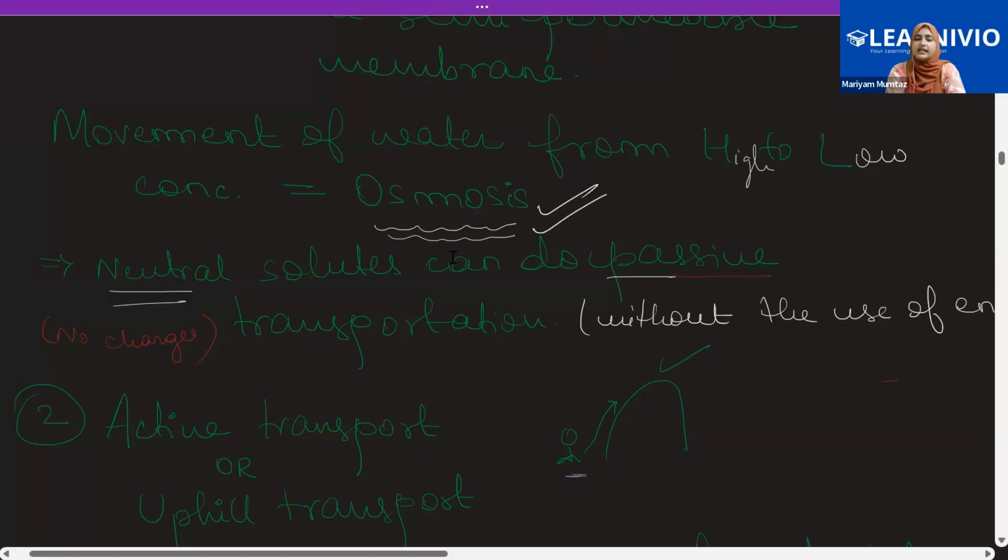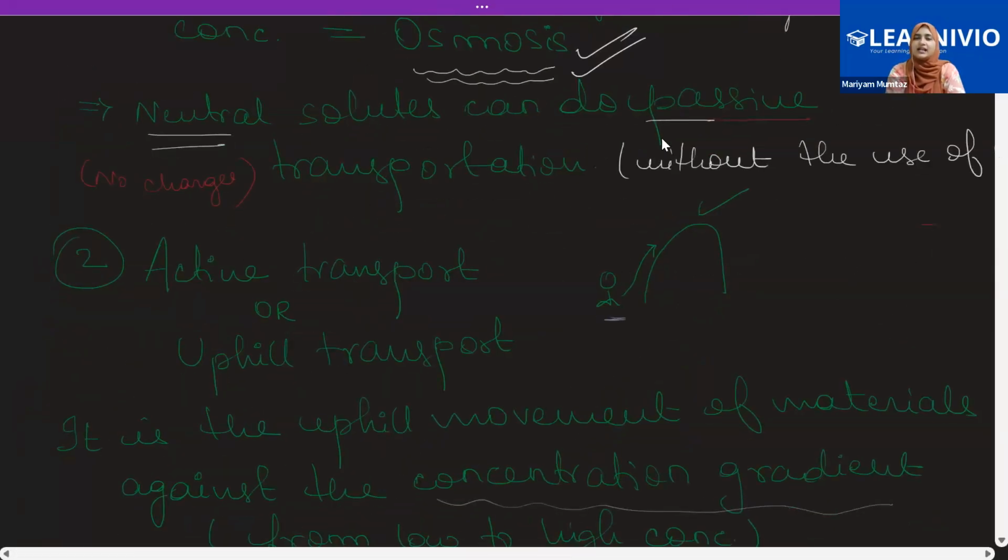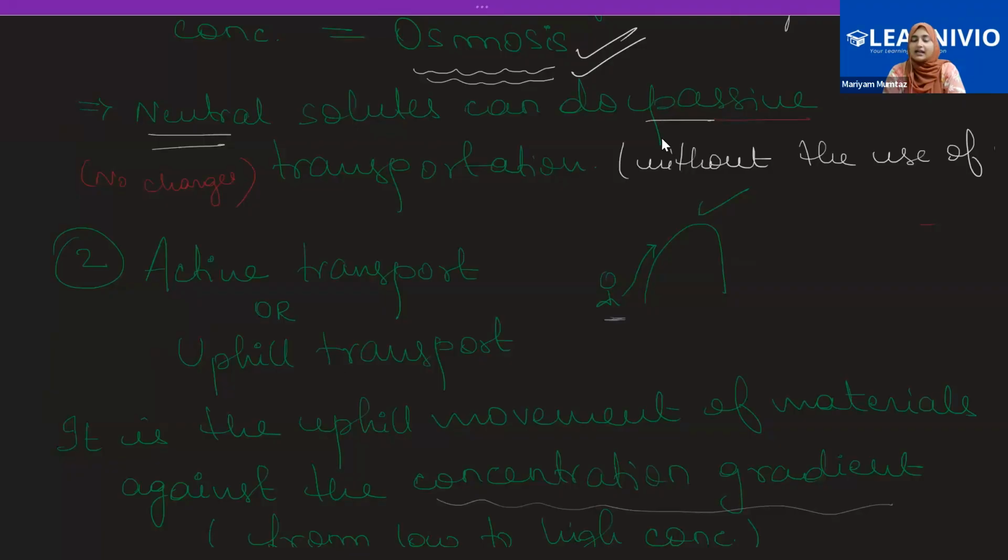Now talking about the second kind of transportation, active transportation. Active transportation is uphill transportation, meaning that here energy will be utilized in the form of ATP, ATP breaking down and all of that will happen. And here the movement is from low to high, that is against the concentration gradient.